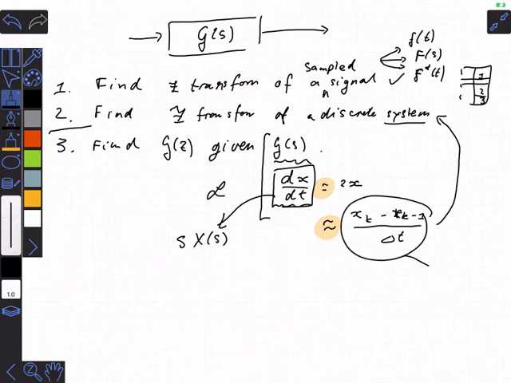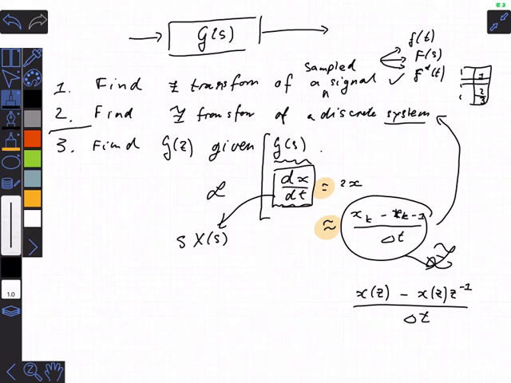If I z transform this according to my rules, I end up with x of z minus x of z times z to the minus 1, divided by delta t, right?